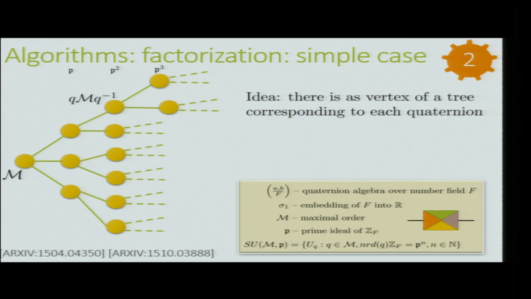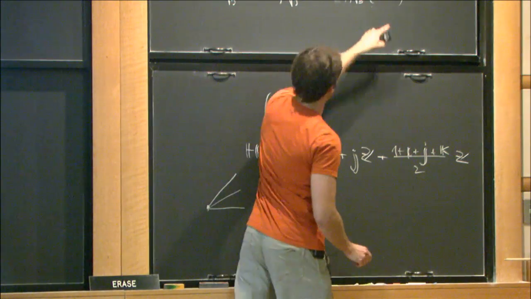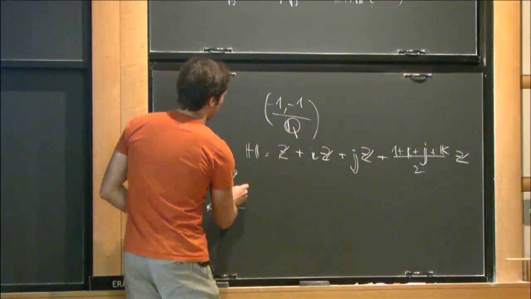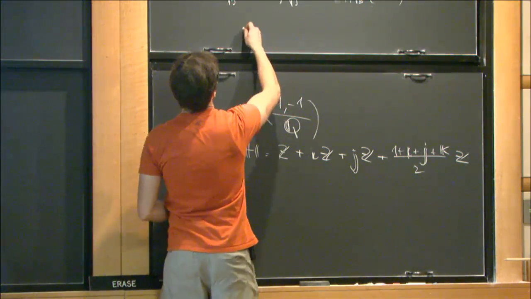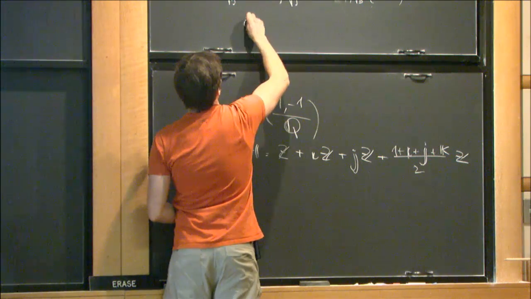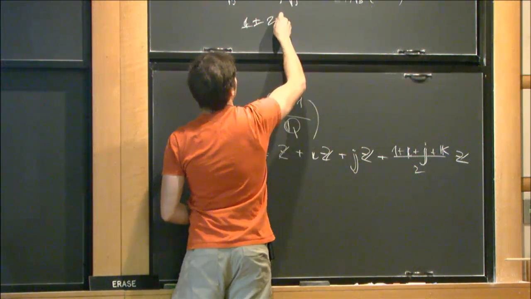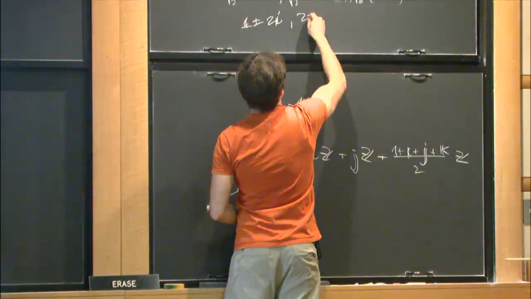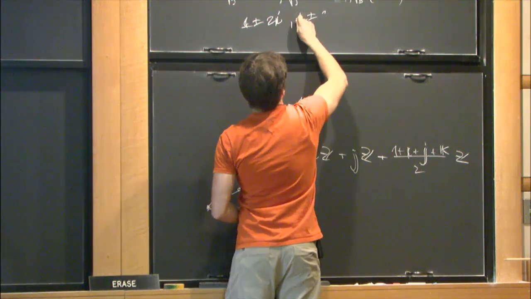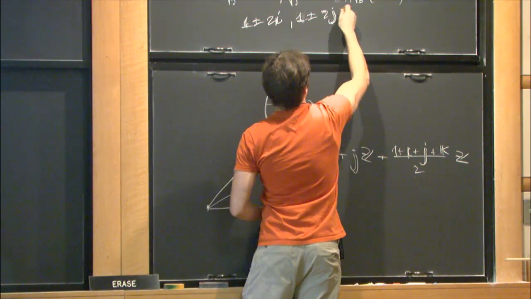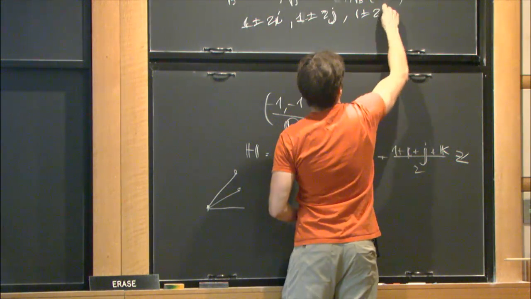In that case, you will have quaternions of norm 5 to the n, so the regularity of the tree will be norm plus 1, which is 6. The quaternions corresponding to this will be 1 plus or minus 2i, 1 plus or minus 2j, and 1 plus or minus 2k.